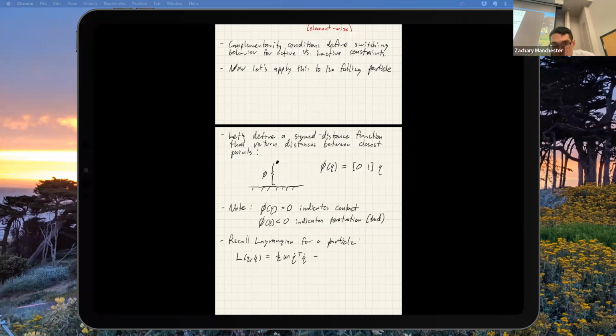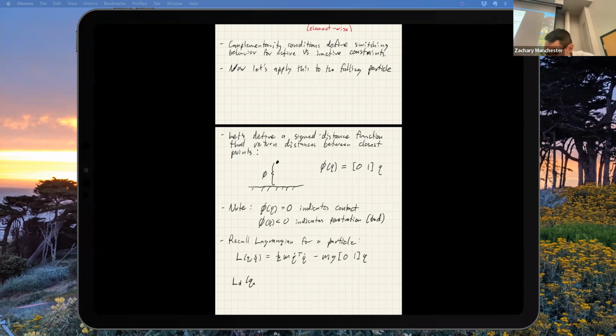And then we've got m g times the height, which looks like this. All right, everyone cool with that? So I'm going to do the usual thing that we've been doing with all this variational integrator stuff. I'm going to take this continuous time Lagrangian and discretize it in time to get the discrete Lagrangian.